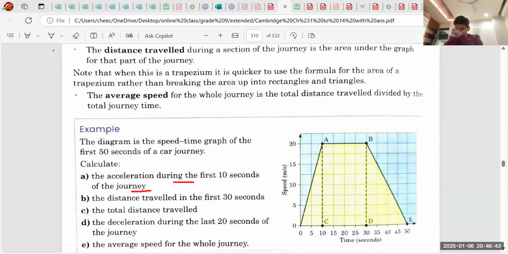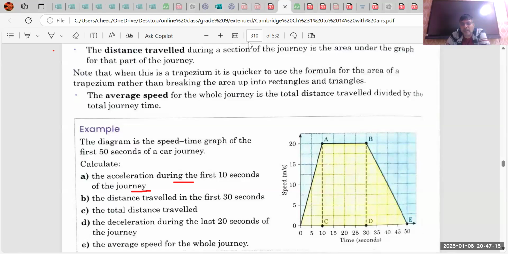One of you can give it in the chat, the second one can speak quickly. Correct, Ore. First three are correct. Tanish, write the full unit: 2 meters per second squared. Yes, sir.